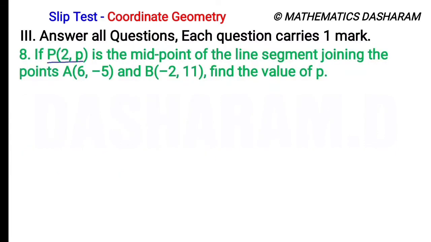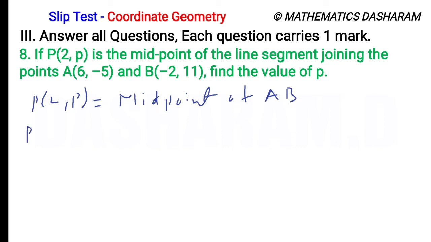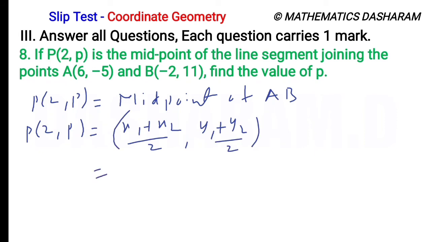Eighth question, if P2 comma P is the midpoint of the line segment joining the points A and B, find the value of P. So here P2 comma P is the midpoint of line segment AB. So P2 comma P equals to the midpoint formula x1 plus x2 by 2 comma y1 plus y2 by 2. Substitute the values: 6 plus minus 2 by 2 comma minus 5 plus 11 by 2.